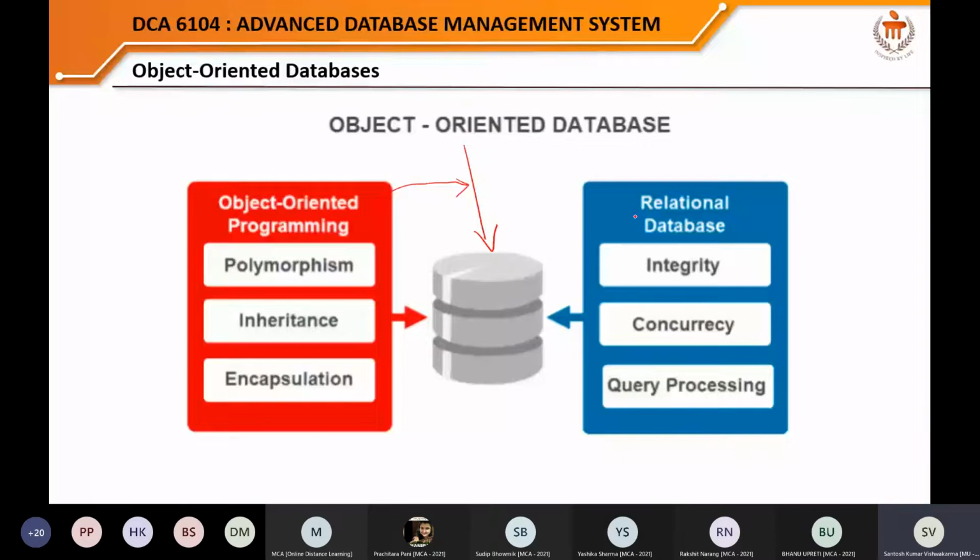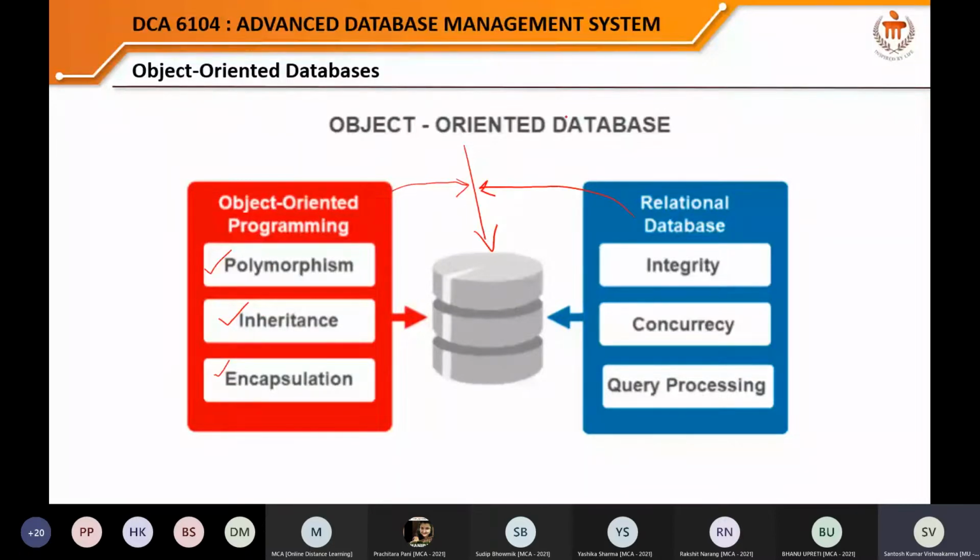In object-oriented programming, we work with objects and classes, so we have the polymorphism concept. We know inheritance, where you can inherit properties and data from the base classes, and we can also merge the data and the methods in a single object, that is encapsulation. So all the features that you know of object-oriented programming can be utilized in object-oriented databases.